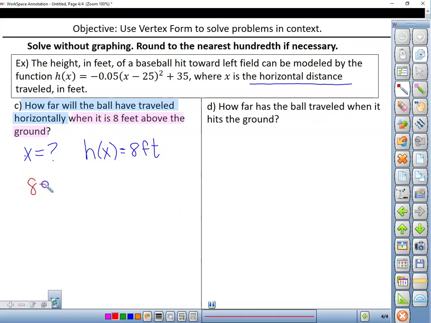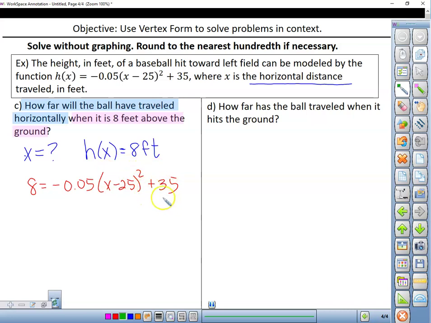So we get 8 equals negative 0.05 times, in parentheses, x minus 25 quantity squared plus 35. So now we're going to use some new skills here that we've learned to solve for x here. So again, I want to isolate the x minus 25 quantity squared. I used to use my undoing algebra.